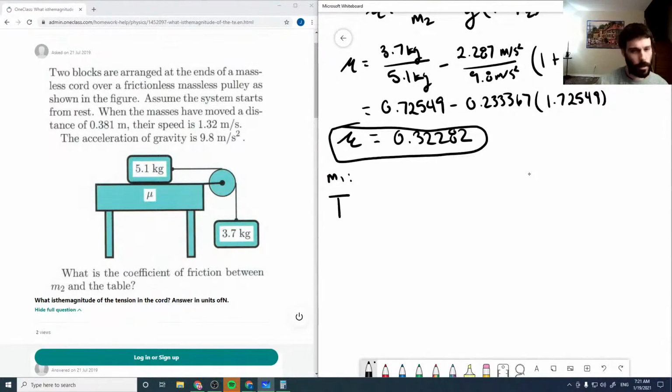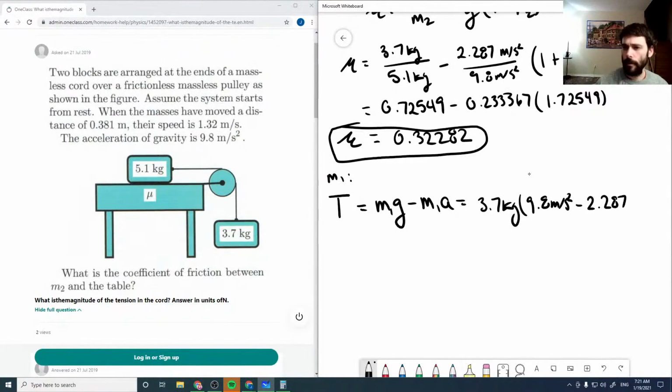So we had that the tension was M1 g minus M1 a, which is 3.7 kilograms times 9.8 meters per second squared minus 2.287 meters per second squared, which comes out to be 27.798 newtons. So there's our tension from our M1 equation. We can also solve for it from our M2 equation, and it should be consistent. If it's not, then we've made a mistake.